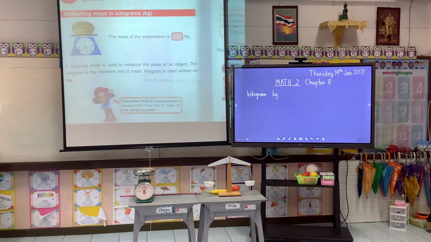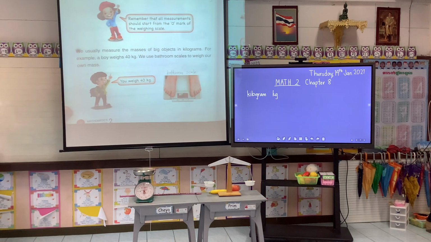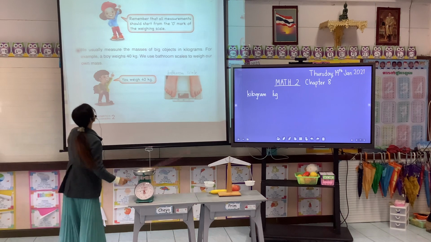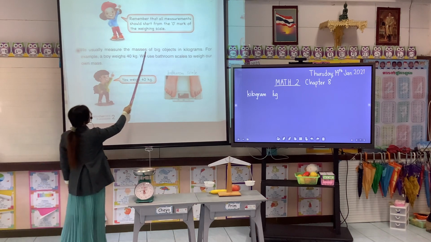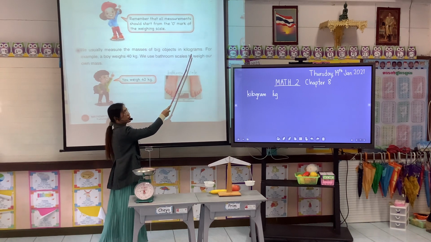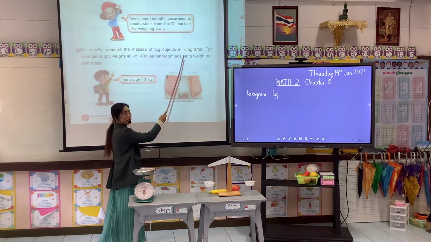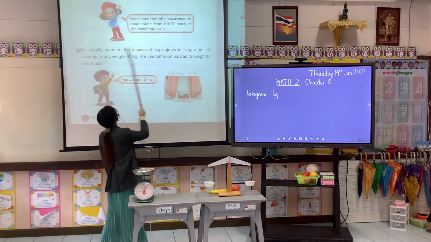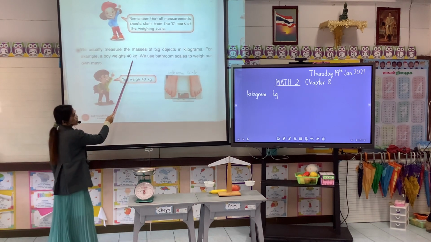We also use kilogram to measure heavy objects. We usually measure the masses of big objects in kilograms. For big and heavy objects, we use the unit kilogram. For example, a ball weighs 40 kilograms.